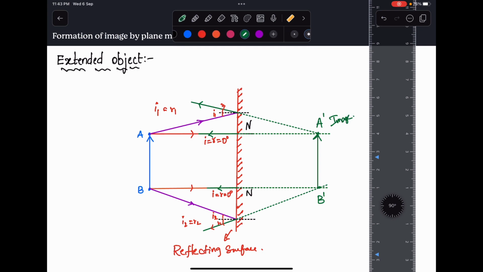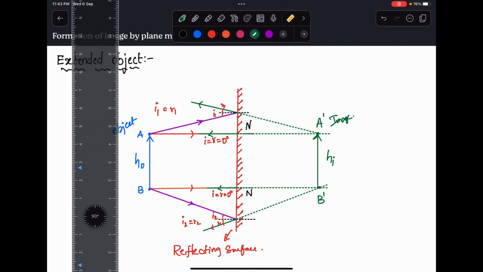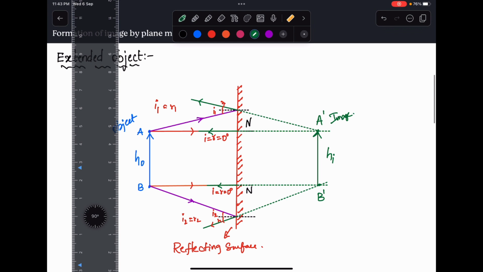And we consider this one as your object. What I can understand now clearly is that they are parallel. So say this is the height of the object HO, and this is the height of the image HI. So one more characteristic is added here.